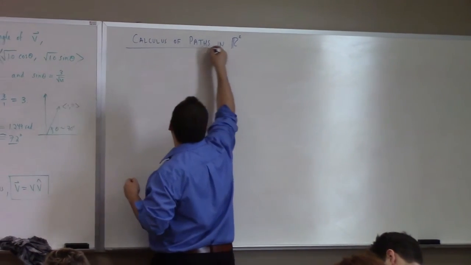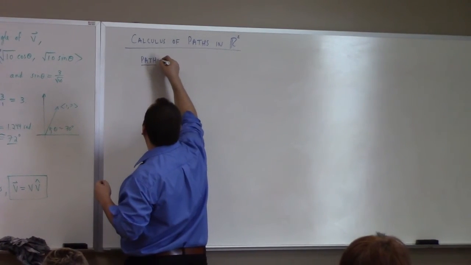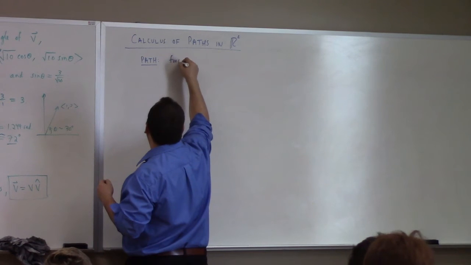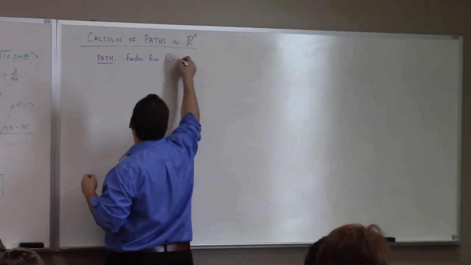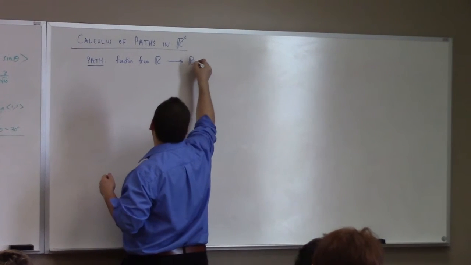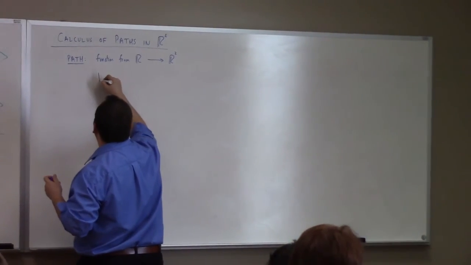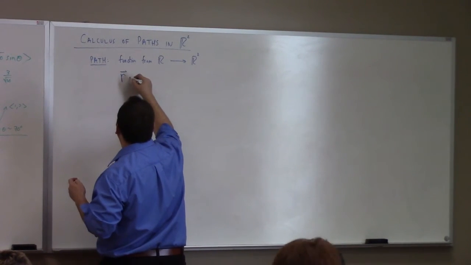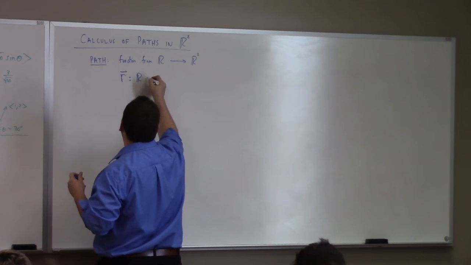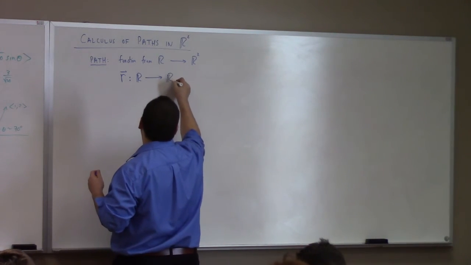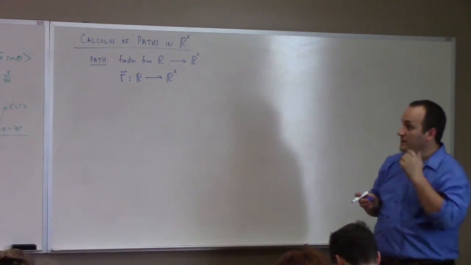So what is a path? This is a function from the reals to the plane, like this. In particular, here's a notation: our vector goes from the reals to the Cartesian product of the reals with itself, or to the plane.